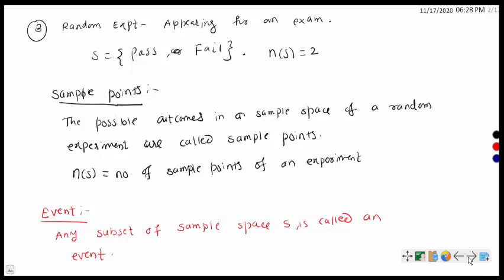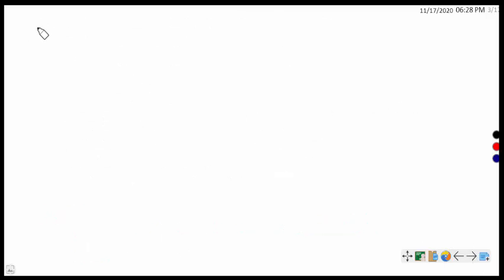For example, in the second random experiment, which is rolling a dice.